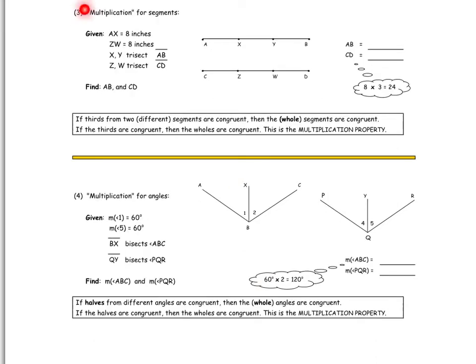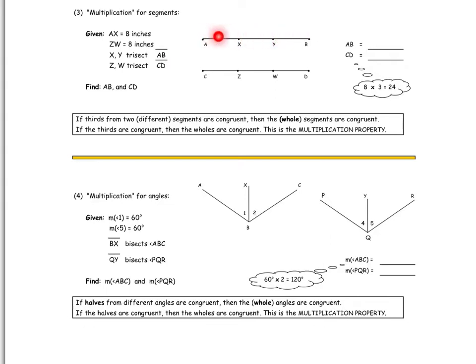What does multiplication mean? Something similar but sort of in reverse, as you'd expect. If I tell you that AX has 8 inches and that X and Y trisect AB, then I know that AX equaling 8 inches is only one of 3 equal numbers within AB.